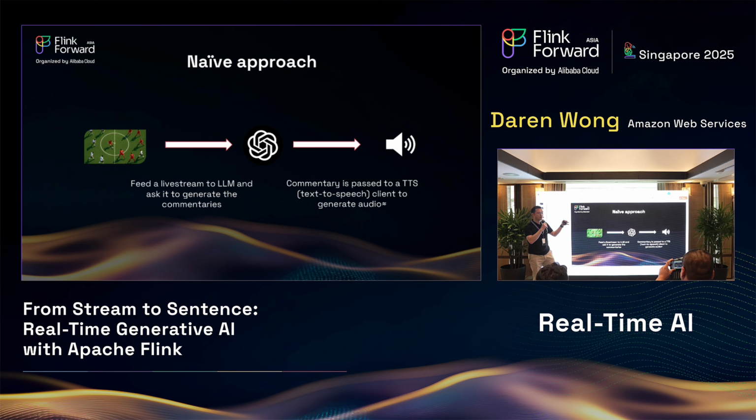Once the commentary is generated in text, we can then pass it through a text-to-speech or TTS client to generate the speech or the audio for us. So this is a naive approach that works quite well. However, it does come with some challenges. So let's look at the next slide.